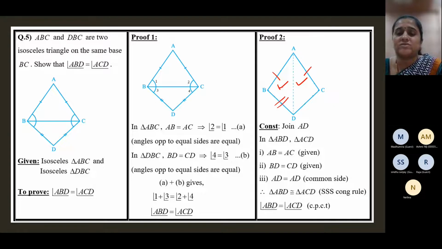This side of the first triangle is equal to this side of the second triangle, given. And AD is a side common to both the triangles. So by SSS congruence rule, the two triangles are congruent. By CPCTC, we have angle ABD equal to angle ACD.